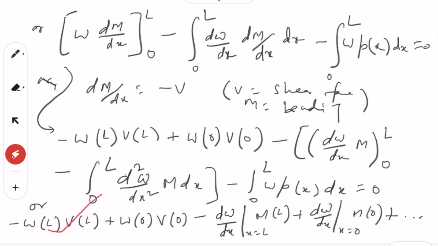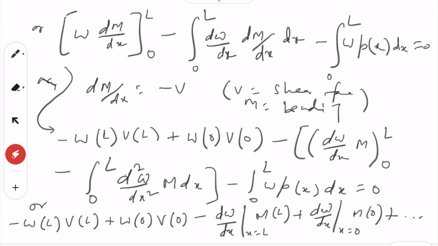then this will survive. This we will have if shear force is given at x equal to 0, then this term we will have. Yeah, if u is given at x equal to 0, then this term will go away. If like uy is given at x equal to L, then this term will also go away, because this w will be 0. Here also we can do the same thing.